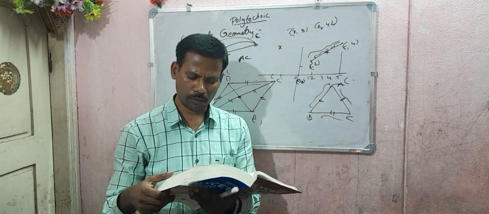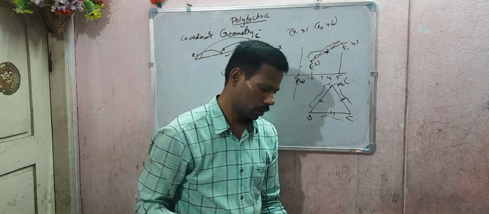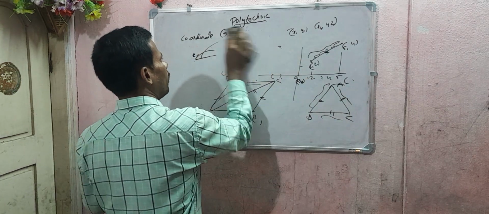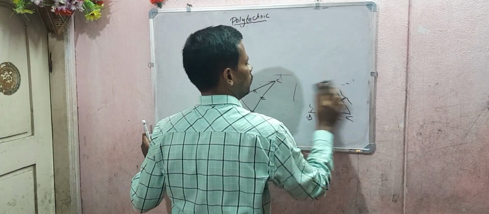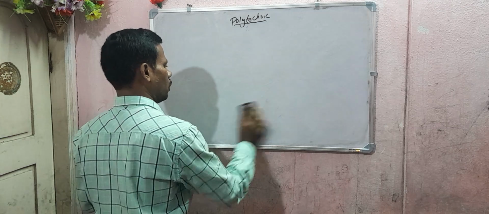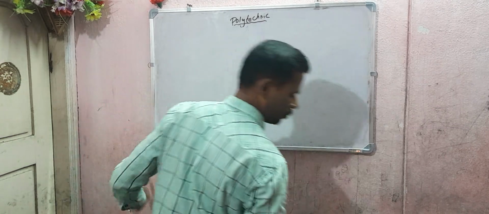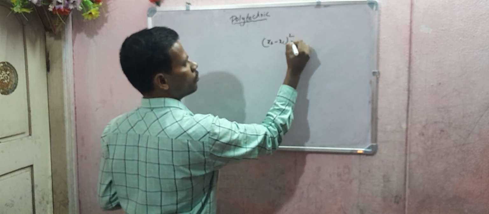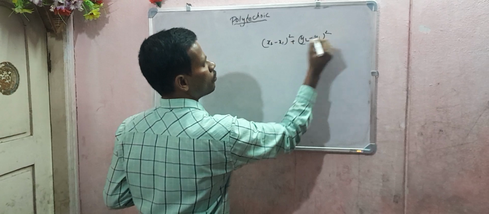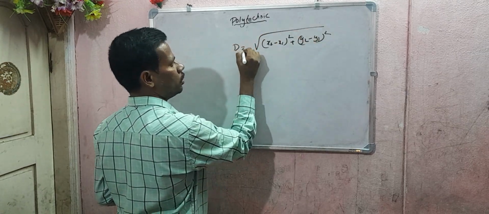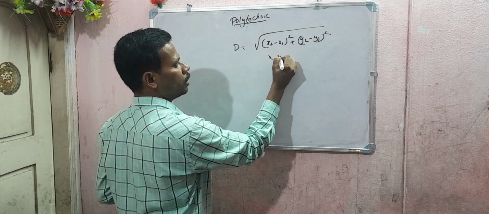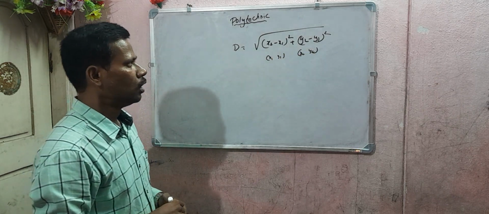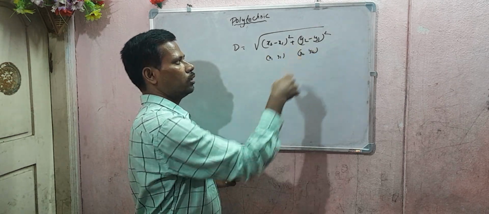Based on that, we will be doing some problems. This is the distance formula for 2 points, x1, y1, x2, y2. When 2 points are given, this is how to find the distance.